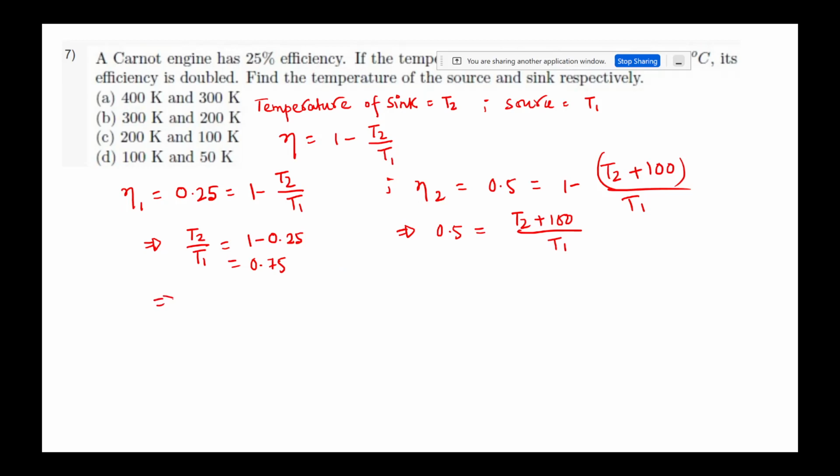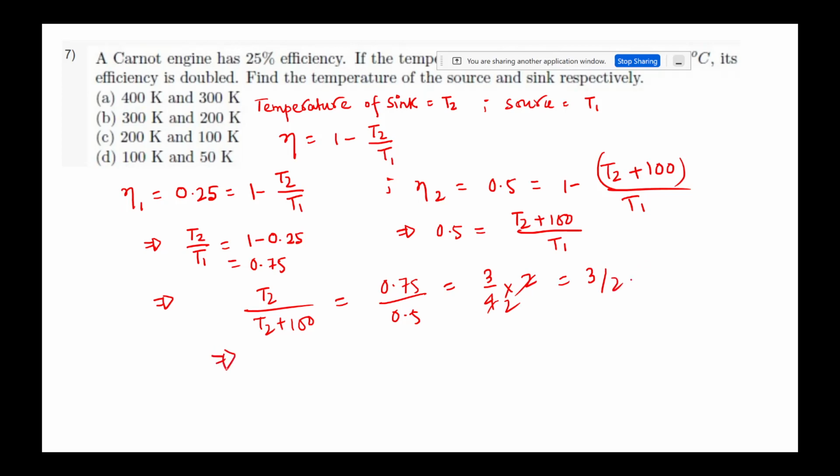If you solve both of these, then T2 by (T2 minus 100) will be 0.75 by 0.5, which is 3 by 4 times 2, so 3 by 2.